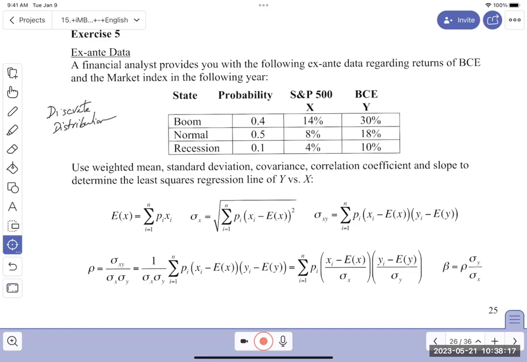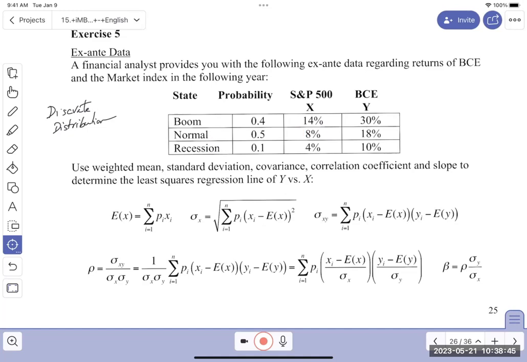Now, in fact, there's infinite array of possible outcomes, but we've narrowed it down to 3 possibilities. Either the economy is going to boom, it's going to be a status quo normal economy, or there's going to be a downturn or a contraction or recession. We believe it's most likely going to be normal. In that case, returns will be about 8%.